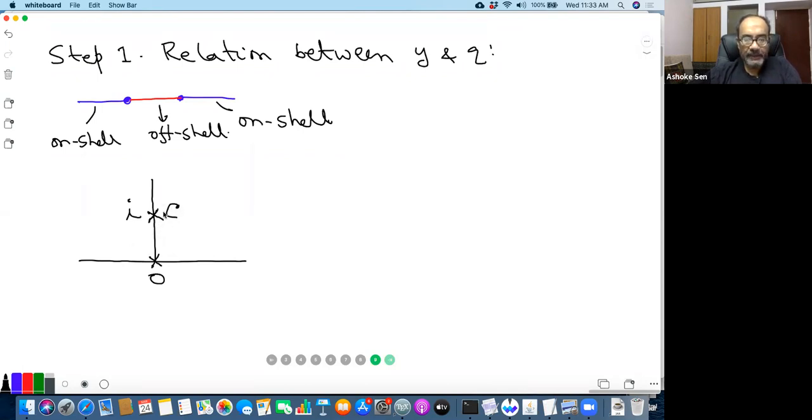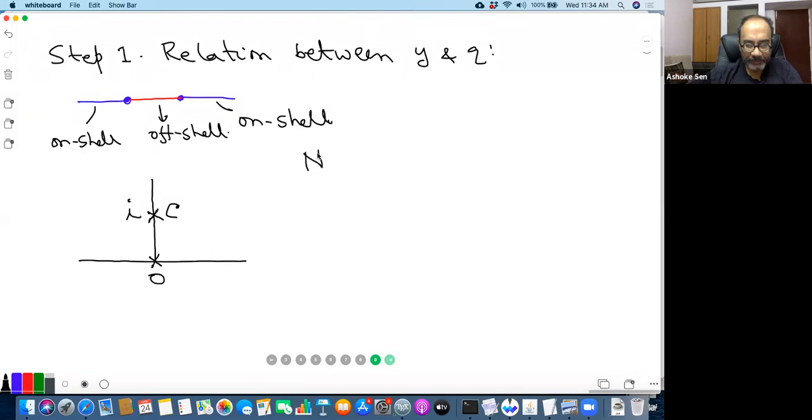Now, closed strings are on shell. That means these are dimension 0 primaries. For dimension 0 primaries, it's invariant under reparametrization or a coordinate transformation. So whichever coordinates you use, you get the same result. It doesn't matter what coordinate system you use here. This, however, requires the choice of a coordinate system if O is off shell in general. So we introduce what is called local coordinates.